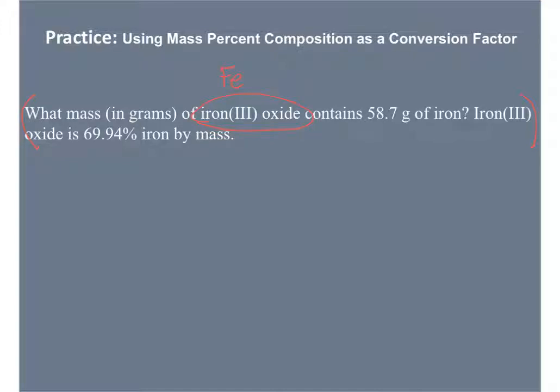So you may need to re-practice your writing formulas from names. Let's see, that Roman numeral 3 means there's a +3 on iron. Oxygen, when it's an ion, has a charge of -2. And so that means if we crisscross, the formula for iron 3 oxide is Fe2O3.